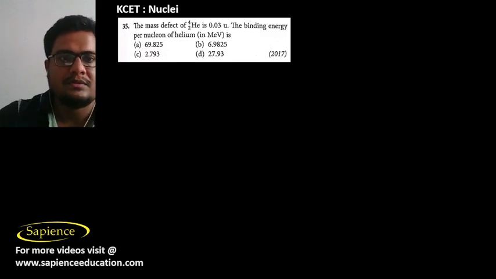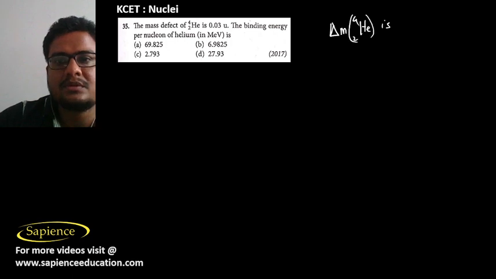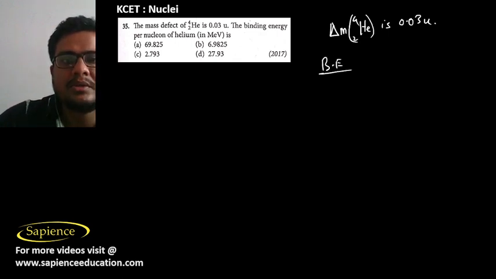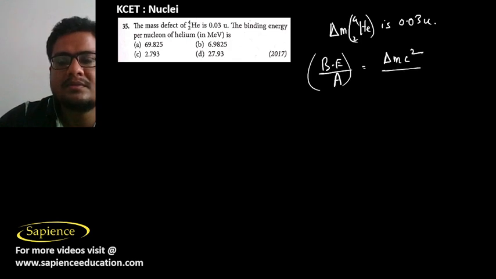Question number 35 says the mass defect of helium He 4 2 is delta M equal to 0.03 u. Find the binding energy per nucleon of helium in mega electron volt. The binding energy will be delta M into c square, divided by the number of nucleons, which is 4.